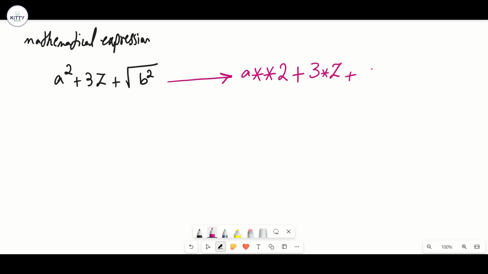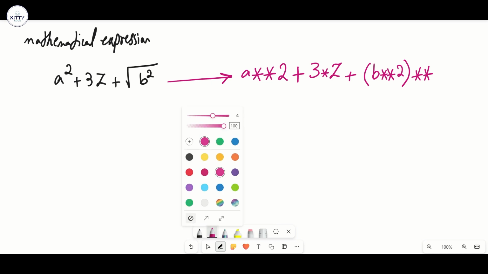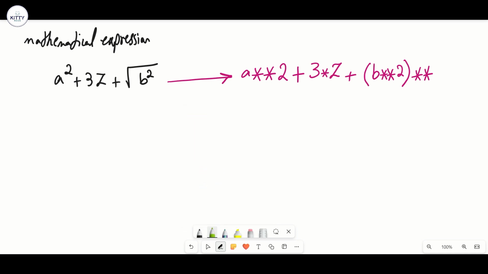So you can write b to the power 2 and then to the power. Now, as a note for you, I'm sure you all know that square root of x can be written as x to the power 1 over 2 or x to the power 0.5.